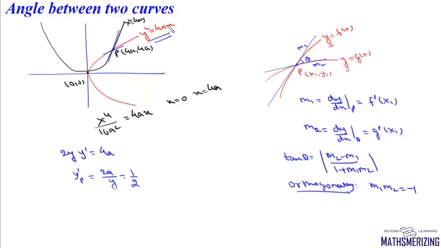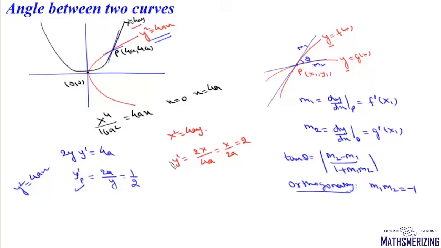So for this parabola, y square equals 4ax, the slope of the tangent is 1 by 2. Now for the second parabola, x square equals 4ay, if we differentiate, we'll get y dash as 2x upon 4a. So it'll simply be x upon 2a, and x here is 4a. So we'll get this value as 2.